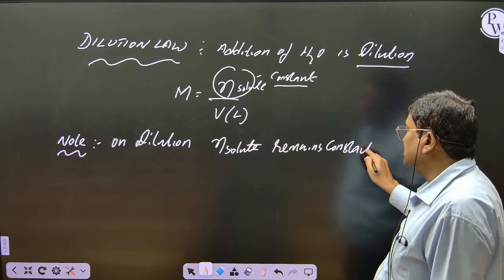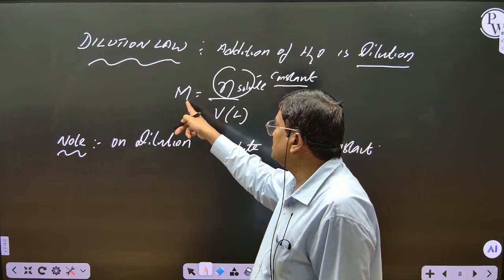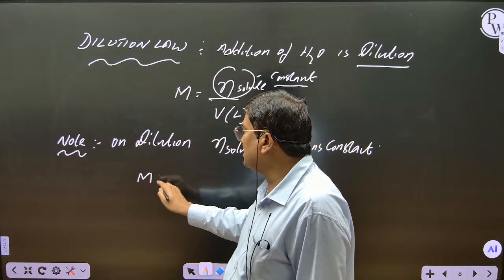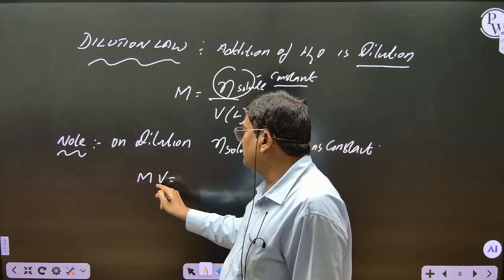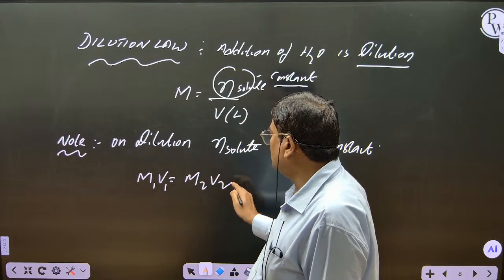Then we take M1, this is molarity into volume. So M into V remains constant, then we can write M1 V1 is equal to M2 V2.